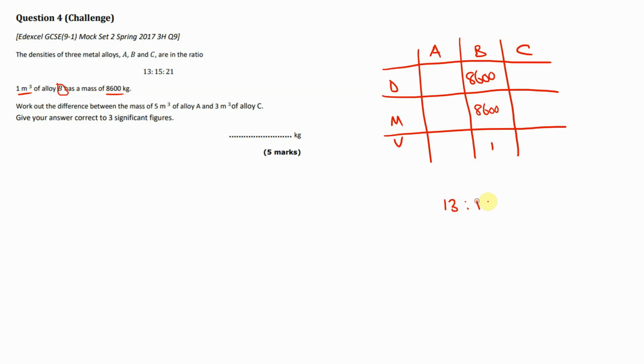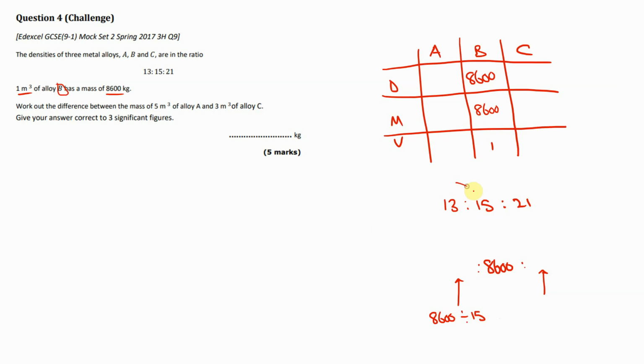Looking at my ratio here, I've got this. So 15 in this equates to 8,600. So to find these parts in the ratio, I want to do 8,600 divided by 15, because then that will find me one part.